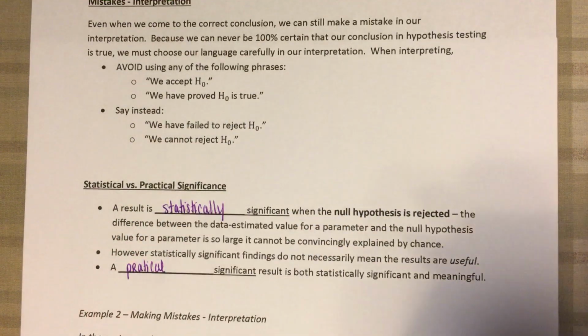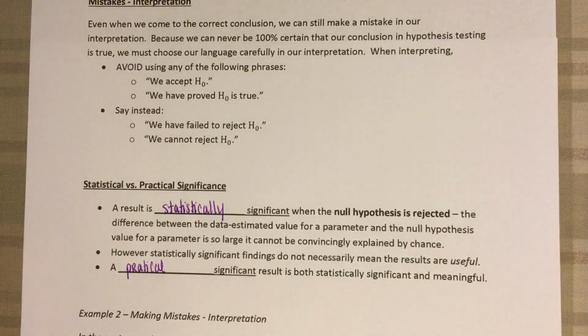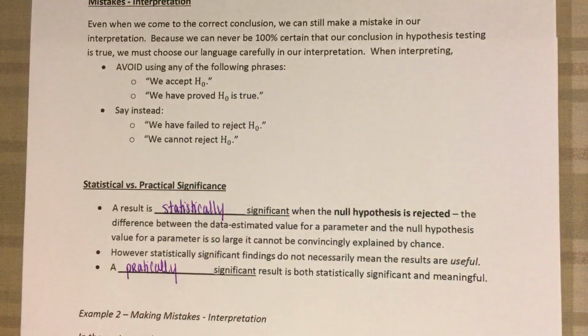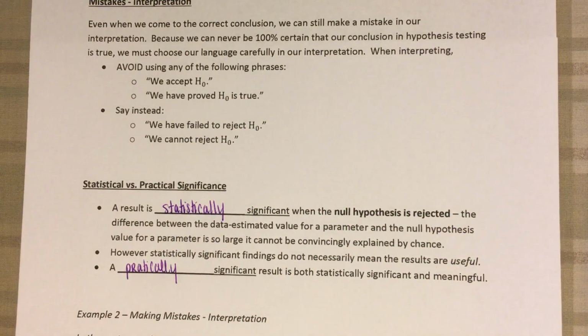If we have a finding that's statistically significant and it's also useful, we are going to call it a practically significant result. A couple of homework problems relate to this, and a possible question on the test, so just be comfortable with these definitions.